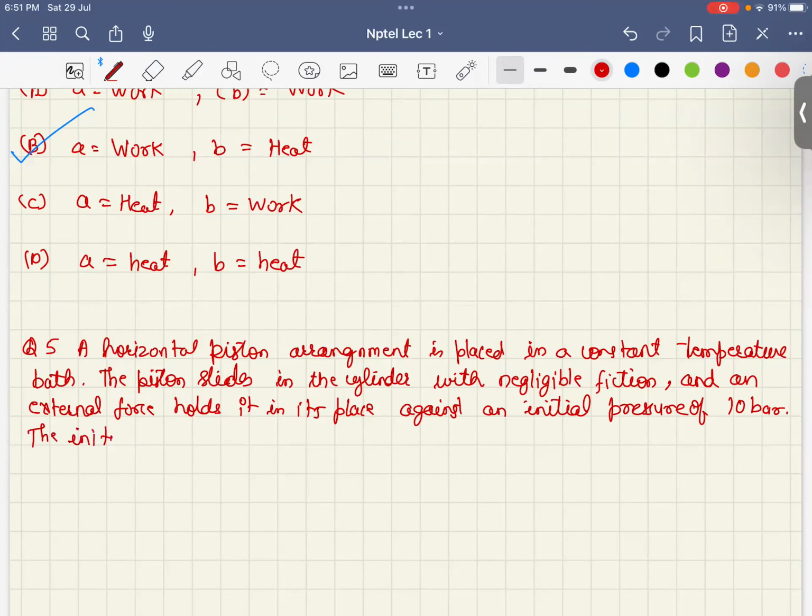The initial volume is 0.04 meter cube, right? The external force on the piston is reduced gradually.